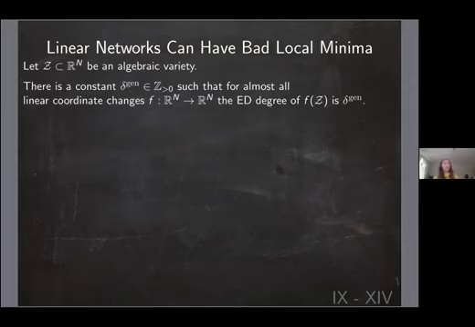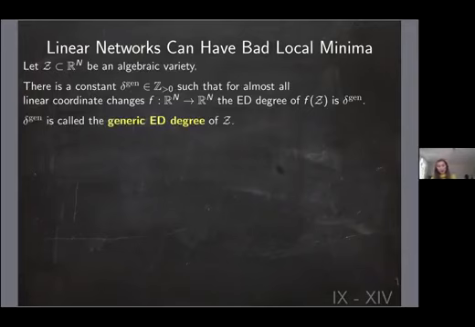Because whenever I have an algebraic variety like the circle or the neuromanifold of a linear network, if I perturb the variety a little bit and then compute the ED degree, this is what is happening in this sentence. There's a constant, delta gen, such that for a random linear coordinate change that perturbs my variety, the ED degree is this new number called the generic ED degree.